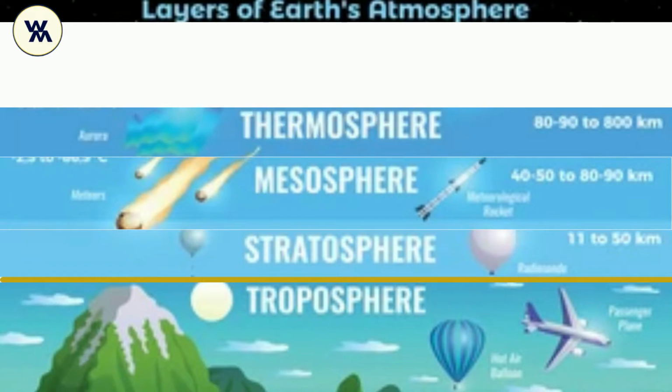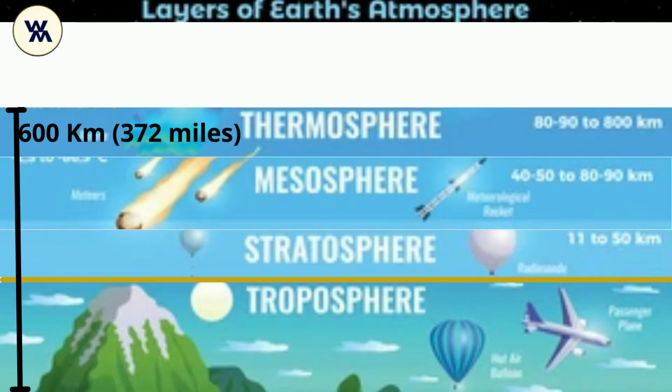The thermosphere is located above the Mesosphere and reaches out to around 600 kilometers, which is 372 miles. Not much is known about the thermosphere, except that temperature increases with altitude. Solar radiation makes the upper regions of the thermosphere very hot, reaching temperatures as high as 2000 Celsius, which is 3600 Fahrenheit.